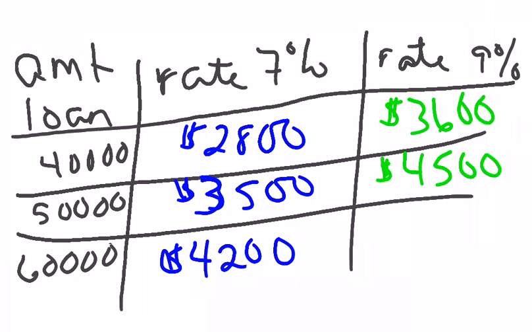And 60,000 times 0.09 is $5,400. So notice the interest rate, look at the difference in price just by going up 2 percentage points.